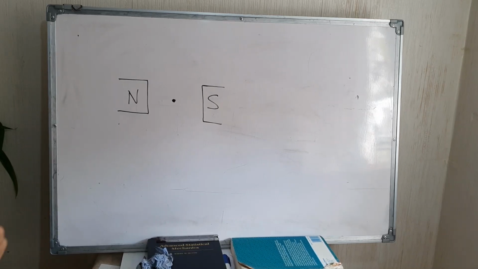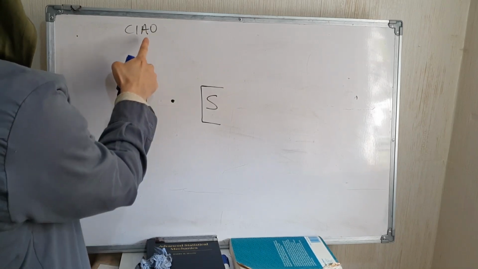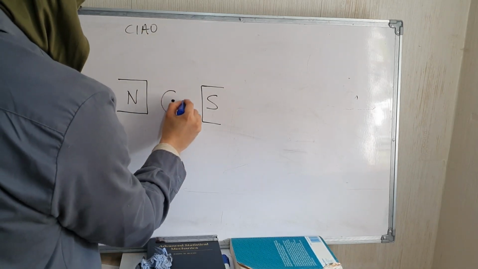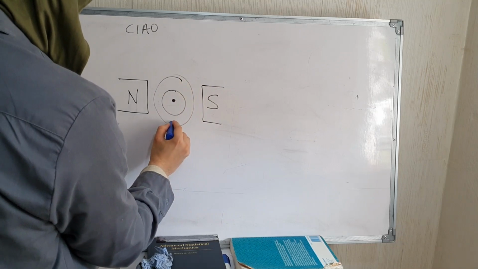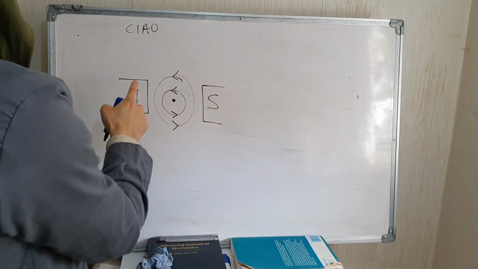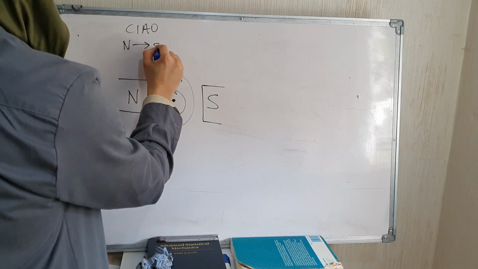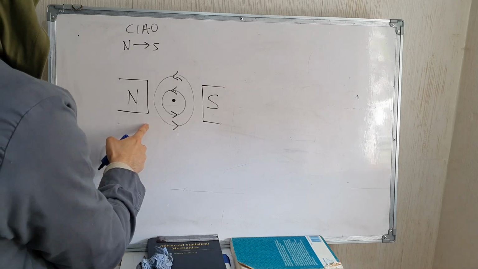If you remember CAIO, current coming out is anti-clockwise. So it's going this way, right? And by convention, the field lines are always north to south.